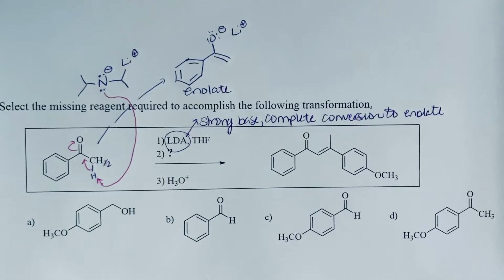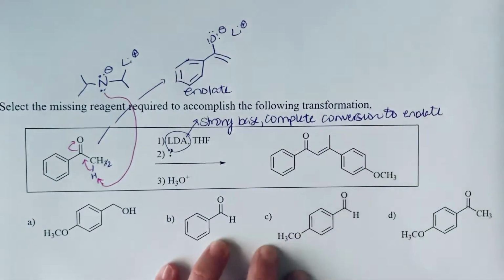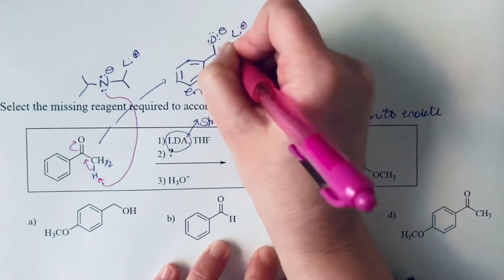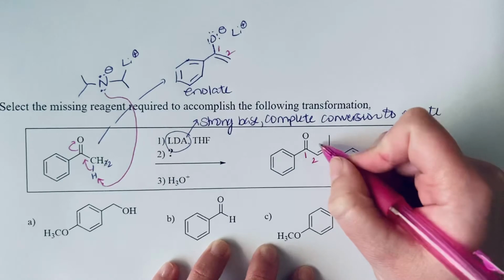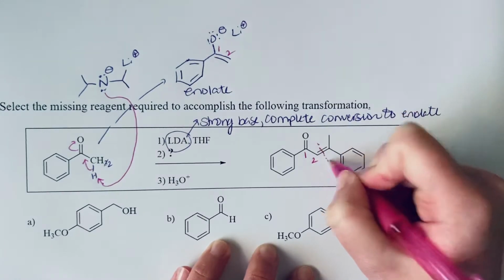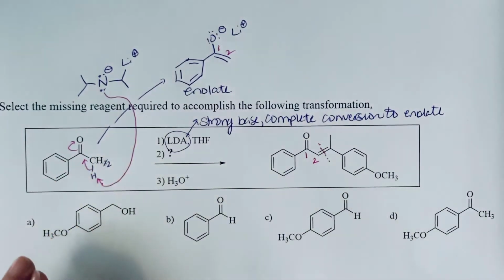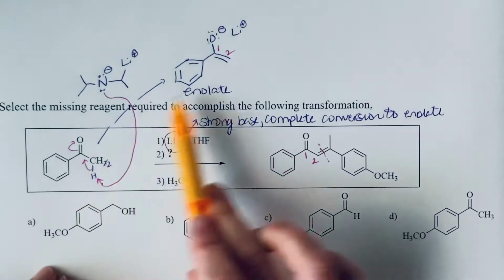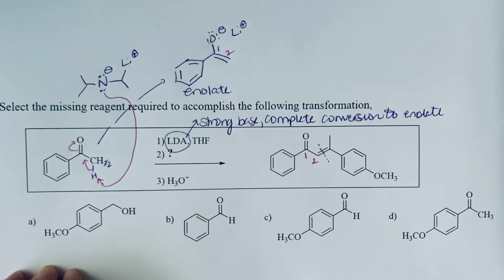Okay, so we want to try to find where we have these atoms in our product. Hopefully we can see these two carbon atoms right here are right here. So our new bond in the product is to here. What that means is that this is a directed aldol reaction, so you're taking one carbonyl component, converting it completely to the enolate, and then it's going to add to another carbonyl compound.